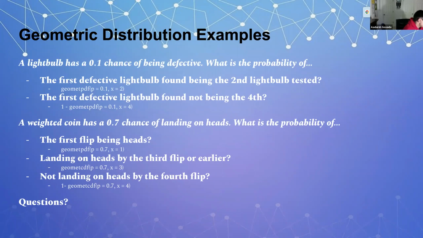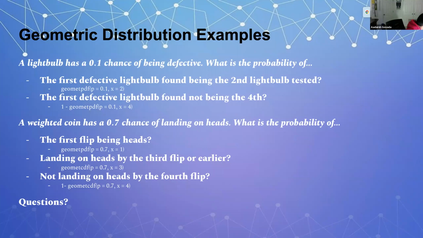If we want the probability of it being exactly at a value, like taking exactly 1, 3 or 4 trials, we use a PDF. But if we want the probability of it taking that many trials or fewer, like 3 or fewer or 5 or fewer, we use a CDF, cumulative distribution function.